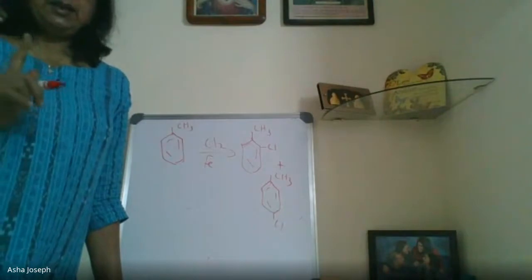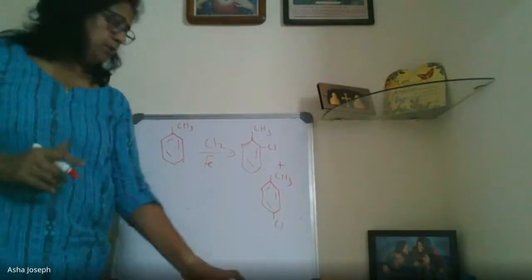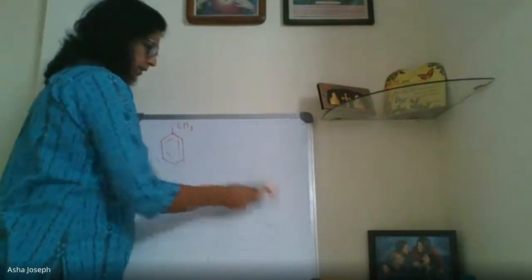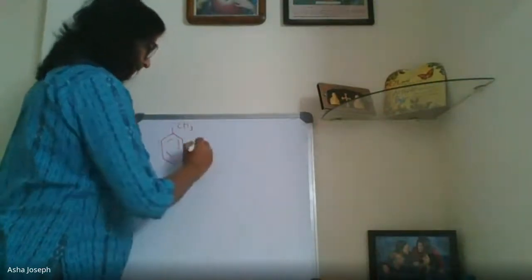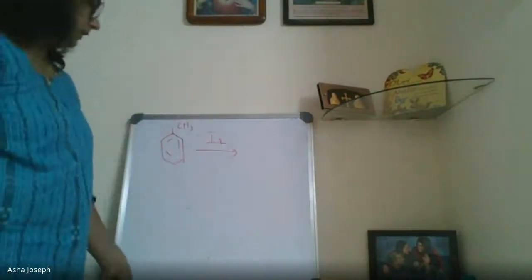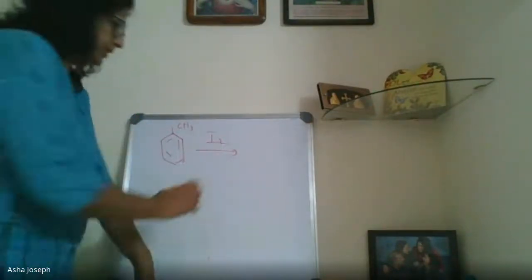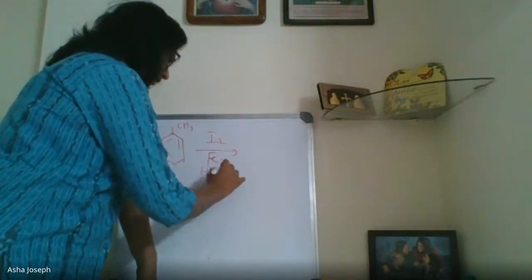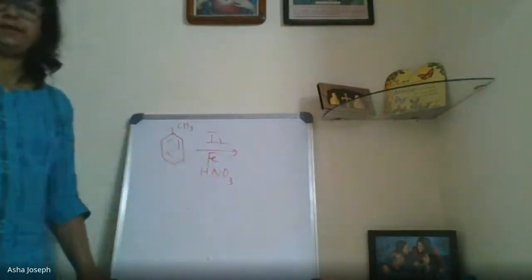But I did not say iodination. Suppose I want an iodo compound from toluene by iodination. I will put the catalyst, and I have to put an oxidizing agent like nitric acid.